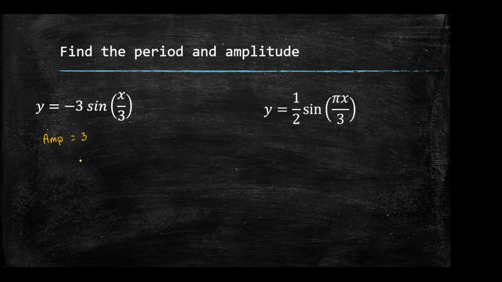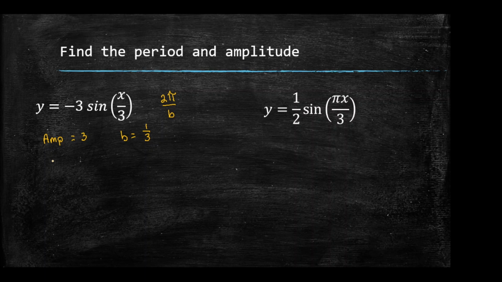And then my period, remember that the period is 2 pi over b. So what's my b in this equation? Well, it's 1/3, right? So b equals 1/3, because b is the coefficient of x. And this is 1/3 times x, so b is 1/3.